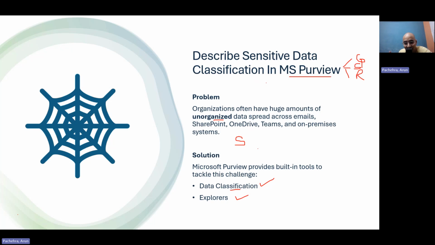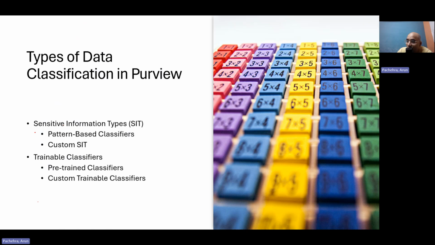So Purview uses multiple methods or types for this classification. So what are these types? Let's dig into it. We have two types: sensitive information types and trainable classifiers. These are further divided into pattern-based and custom SIT. Same goes here: pre-trained classifiers and custom trainable classifiers. So let's see what these are.